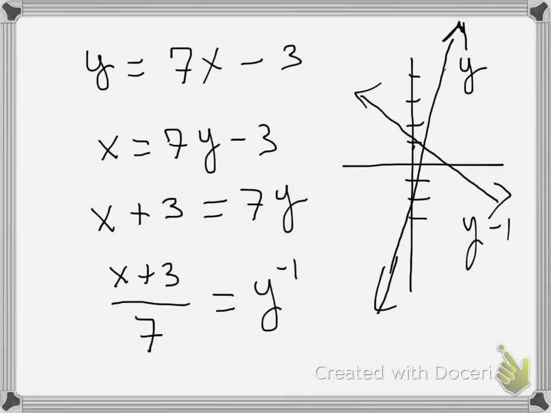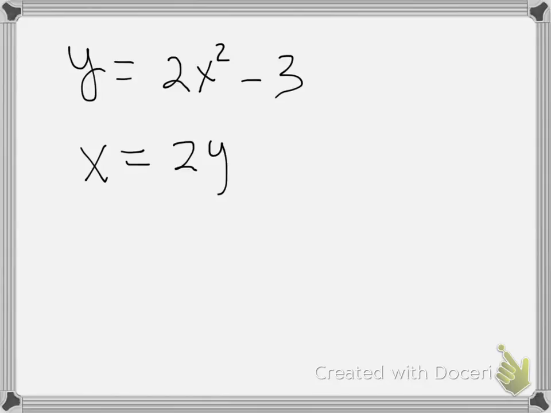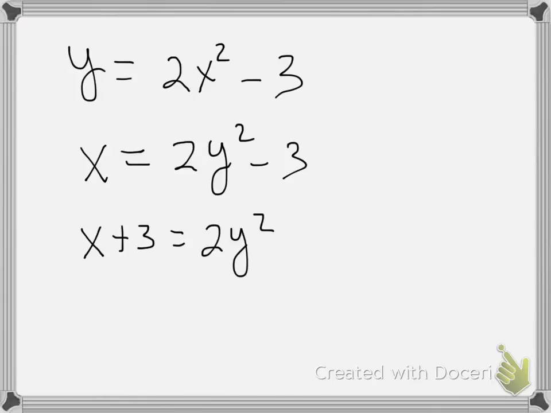All right. Moving on. If I wanted to find the inverse of y equals 2x squared minus 3, again, switch variables. x equals 2y squared minus 3, and we solve for y. I move the 3 to the other side, and I get x plus 3 equals 2y squared.